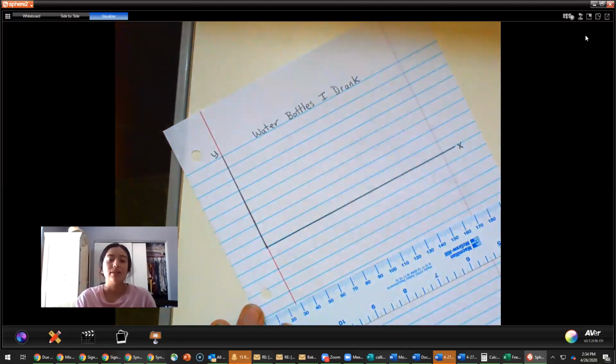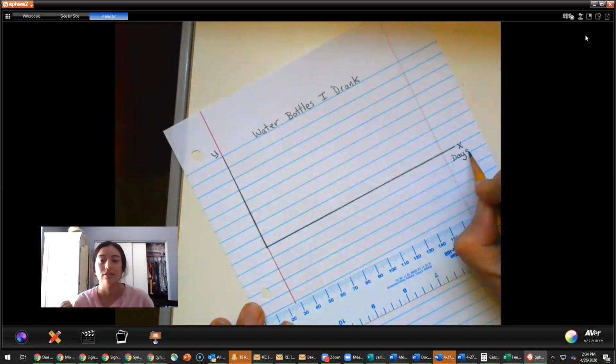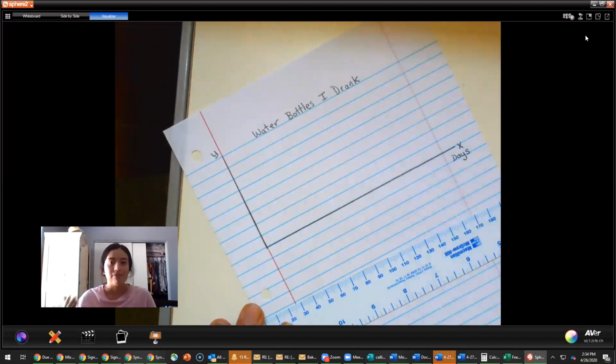Our next step, boys and girls, is to start with our x-axis and label it. This is going to be days, and just like on your data, this is where you are going to put your days as well, because you have been going out every single day.